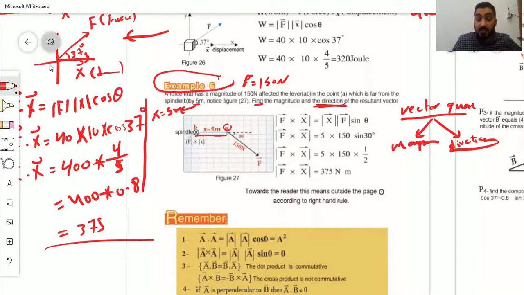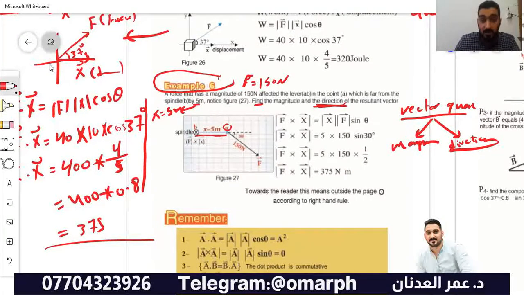That is the main reason to use the law of vector product, or cross product, because we need to get the direction and magnitude.